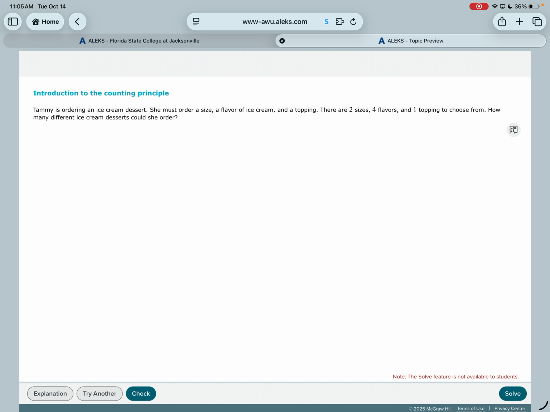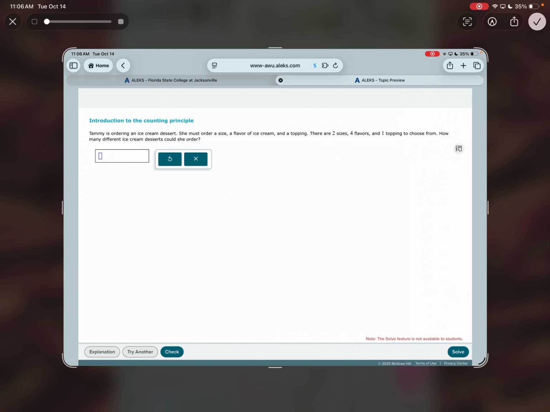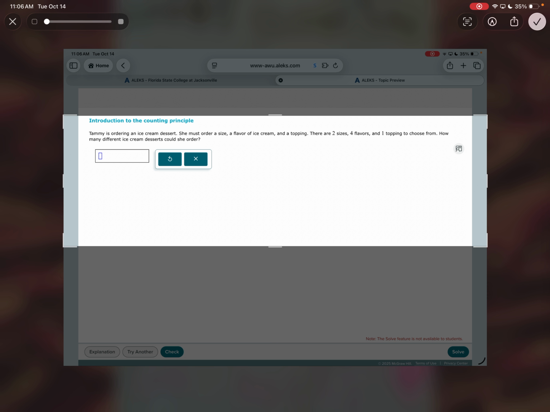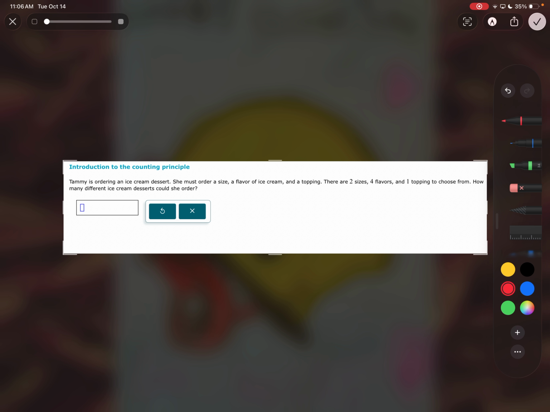So in this one, Tammy is ordering an ice cream dessert. She must order a size, a flavor of ice cream, and a topping. How many different outcomes could she create if there were 2 sizes, 4 flavors, and 1 topping to choose from? You would just do 2 times 4 times 1, and there would be 8 different combinations.